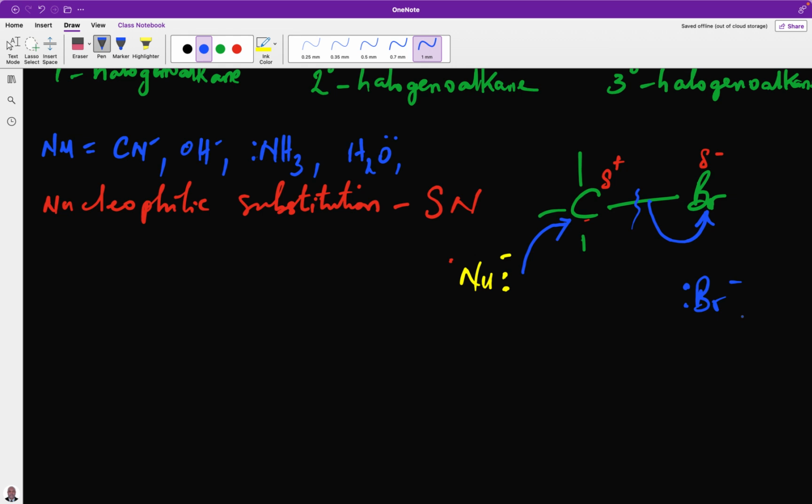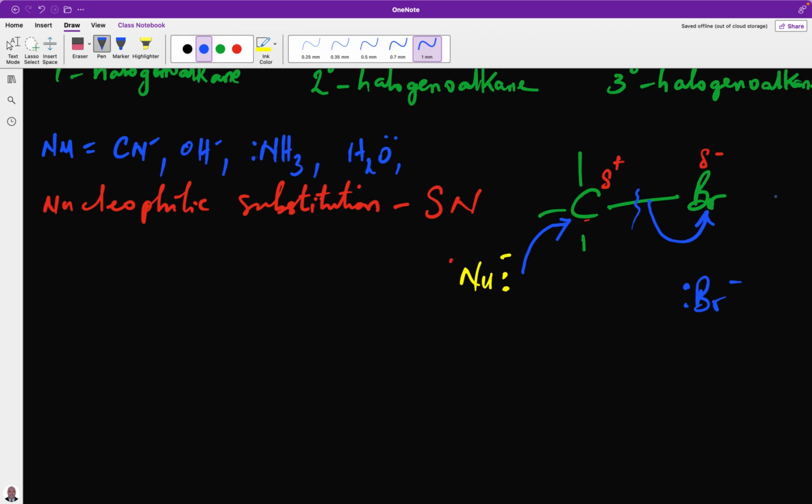So that is what we call nucleophilic substitution. When the nucleophile attacks the carbon atom having the partial positive charge, as it repels the electrons, it donates its lone pair of electrons to the carbon.